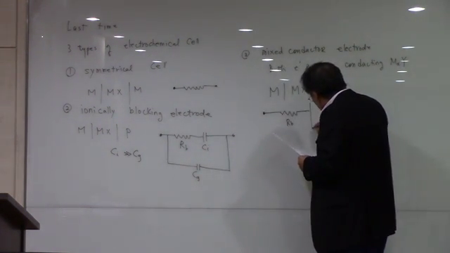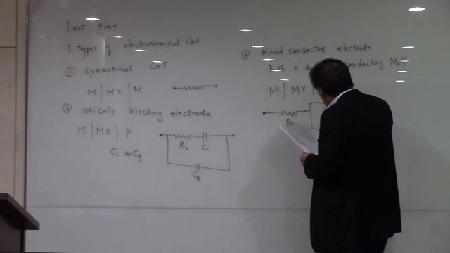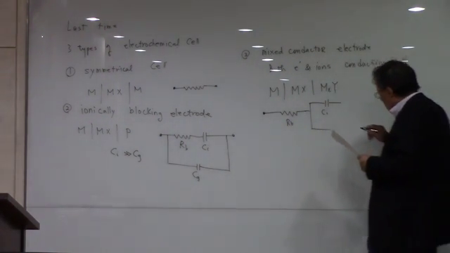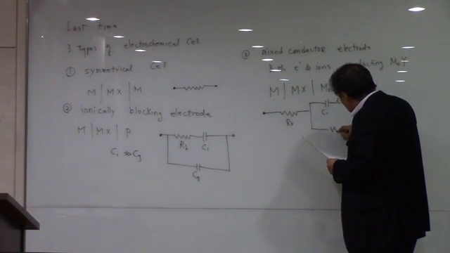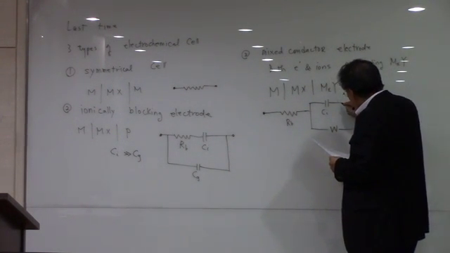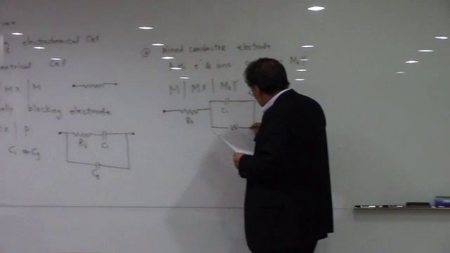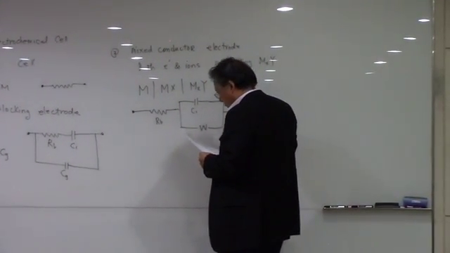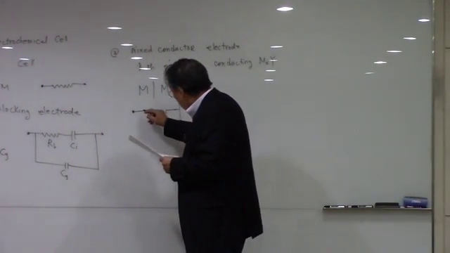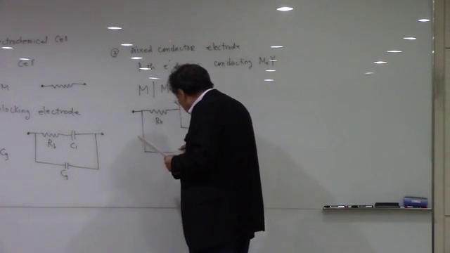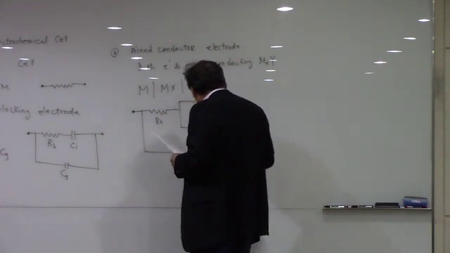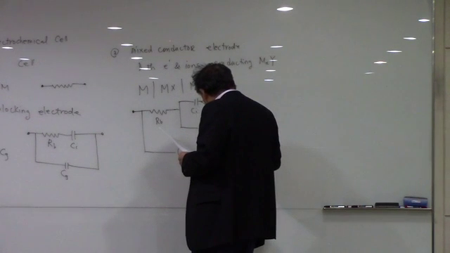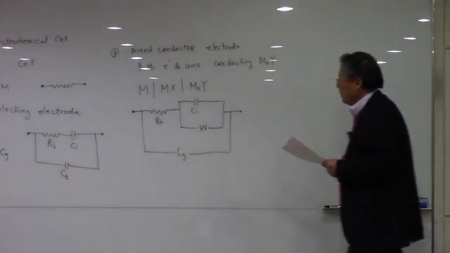And now in this case we are going to have a double layer capacitance and Warburg impedance in parallel, and we have geometric capacitance like this.